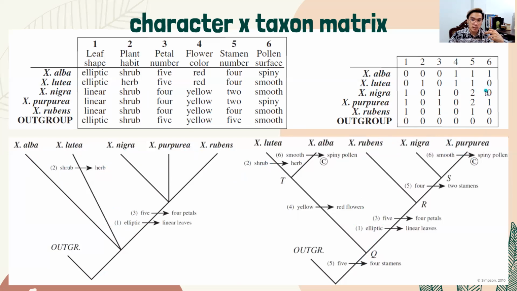We can see here that both X nigra and X purpurea have 2 stamens, and probably that transformed from, in this case, 4 stamens, because 4 stamens is something that unites all the other species: X rubens has 4, X alba has 4, X lutea has 4 as well.